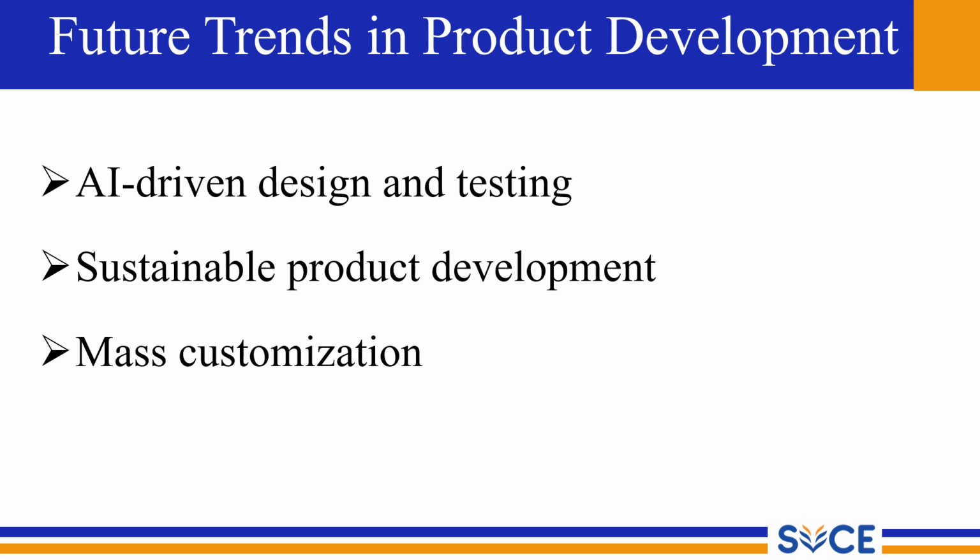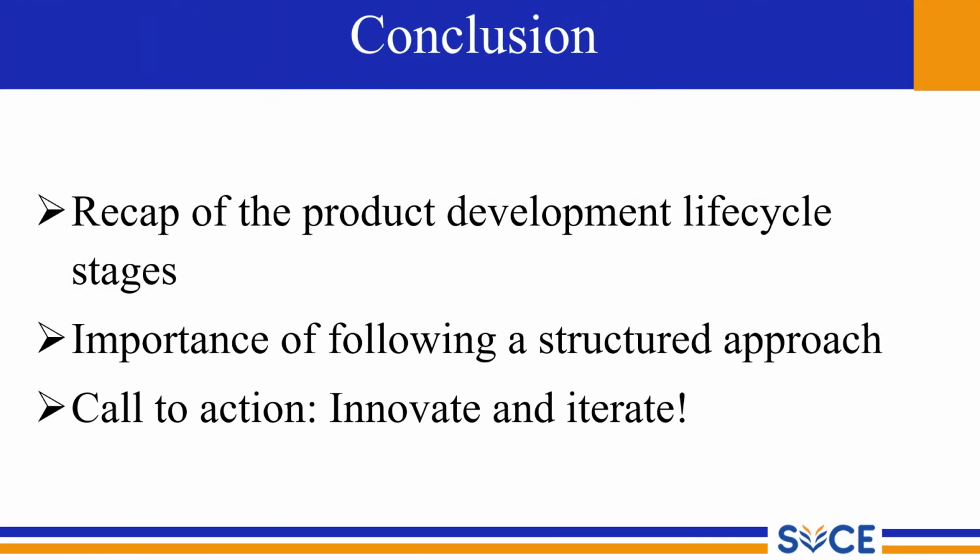Now, coming to what we want to conclude here: we understood what the product development cycle is, with its various stages. With that product development cycle, where we can start, where we can maintain, and what the importance of the product development cycle is.